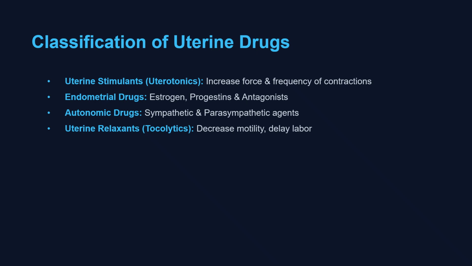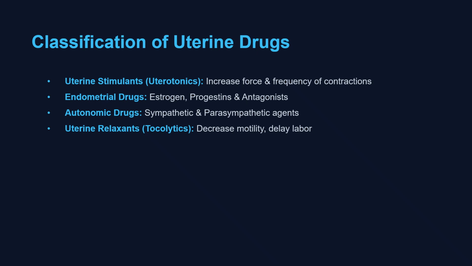Now we are classifying the uterine drugs. Uterine stimulants, you know about that. They are mainly used to increase the force and frequency of contraction. Coming from the previous slide, which drugs affect the endometrium region and which affect the myometrium region?